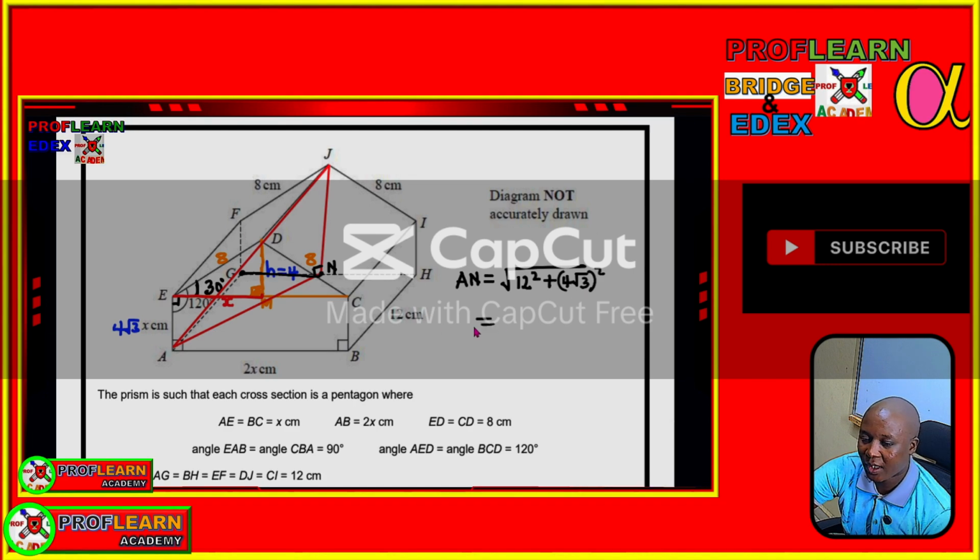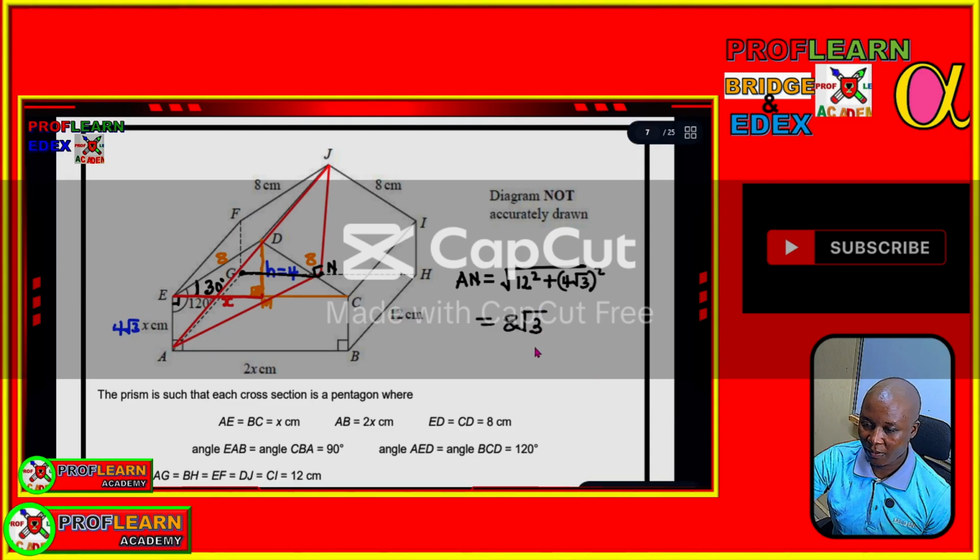So if I work it out, I'm going to get my answer equivalent to what? It will be 8 root 3. So we shall have 8 root 3 there, and then the height of this is going to be 4 plus 4 root 3, because this is 4 root 3 and the height I'd gotten to be 4.